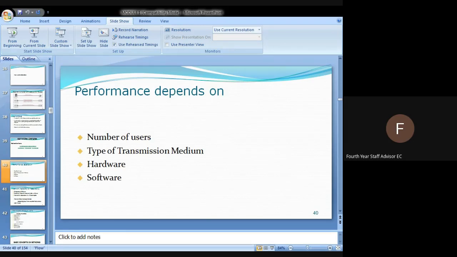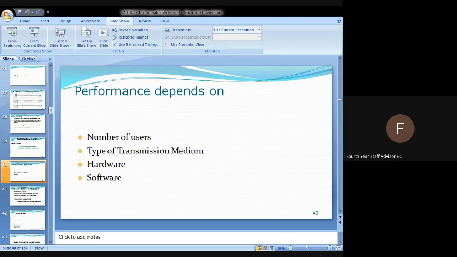So I told you performance is the first criterion: it depends upon how effective or efficient the network is. Performance is mainly based on the transit time as well as the response time. It also depends upon the number of users, the type of transmission medium, the hardware, and the software.